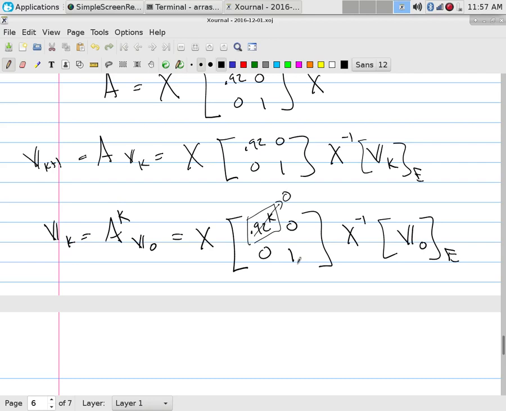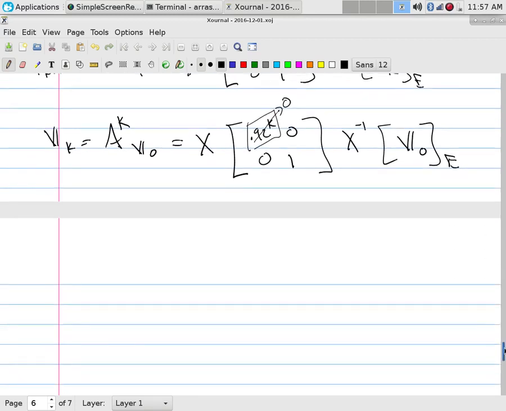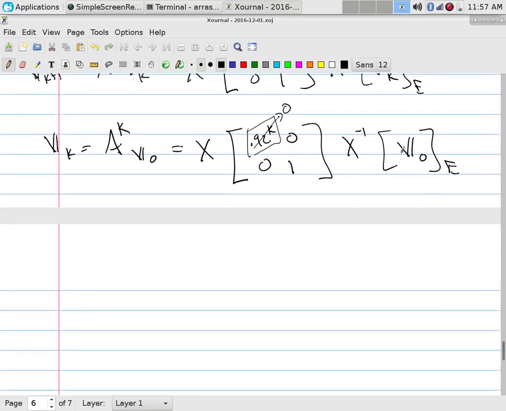So what's happening? What happens here is this guy is switched into coordinates of the eigenspace, but what happens to the first coordinate? It goes to 0. What happens to the second coordinate? It stays. But then what happens? I multiply it by x. But if I have a bunch of numbers times x, what's it going to do?